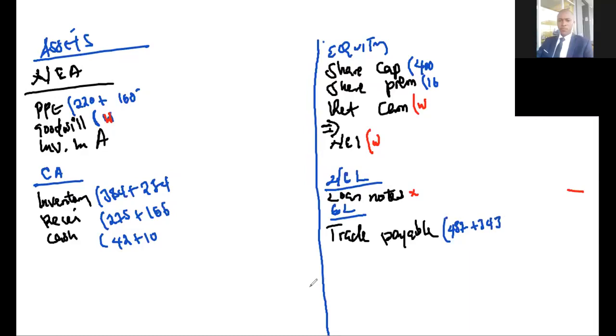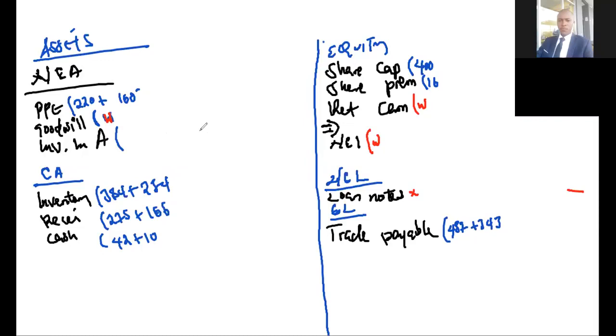Even for investment in associate, you can open a bracket here and put that figure of 3 something. But because we don't know what's in the notes, we're not going to put that figure here. If we read the notes, then I would advise whether to put a figure or not.